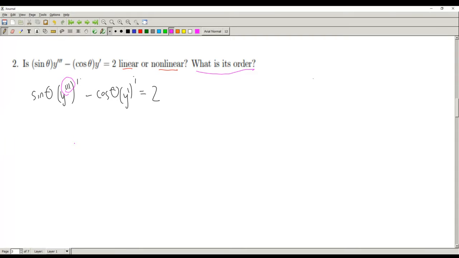It's third order, and this one is linear because each of them is to the power of 1.